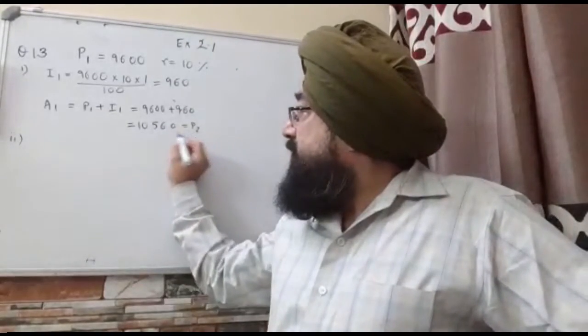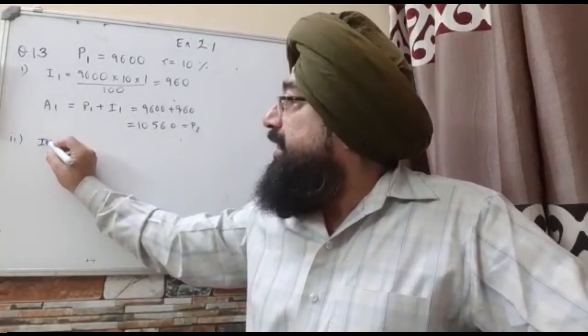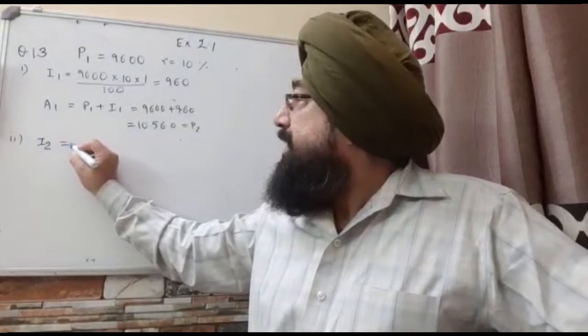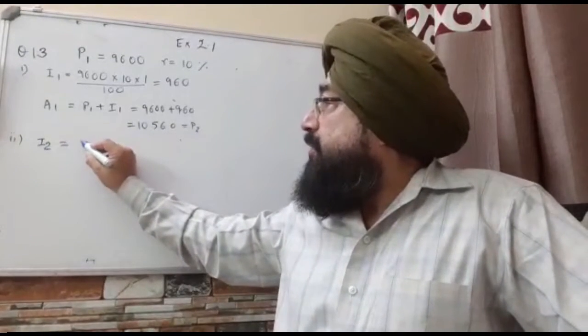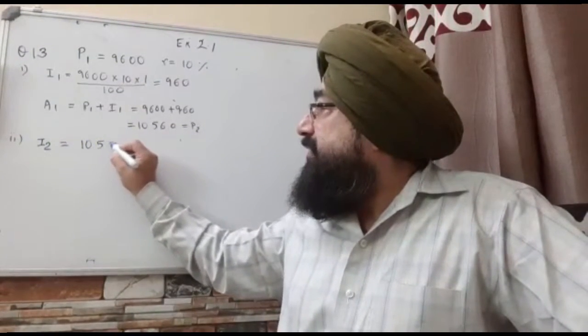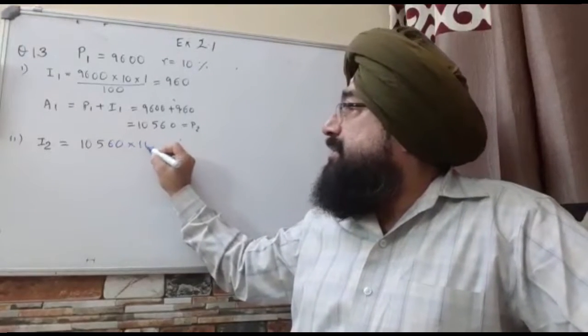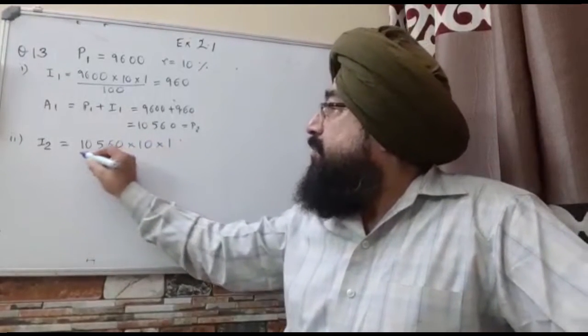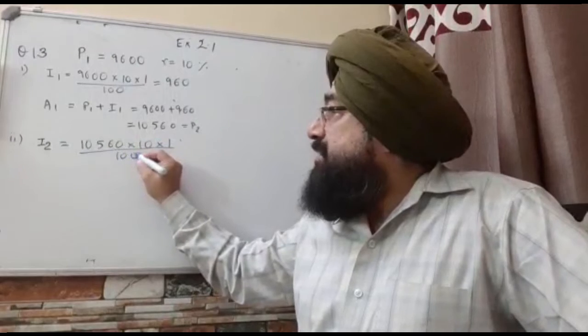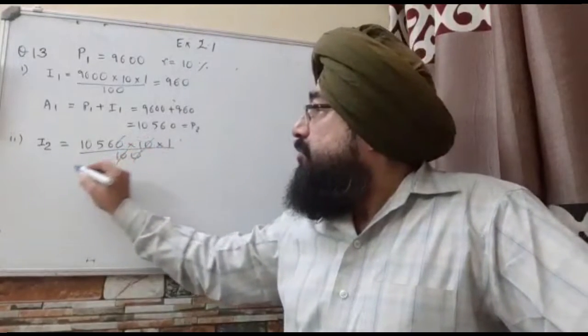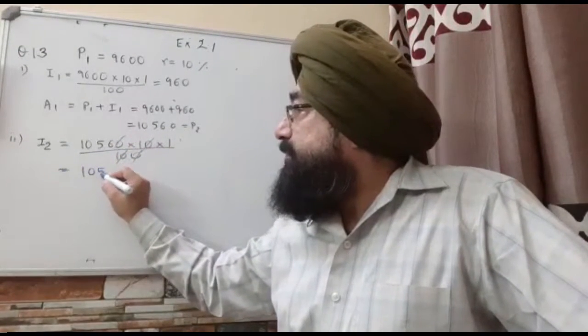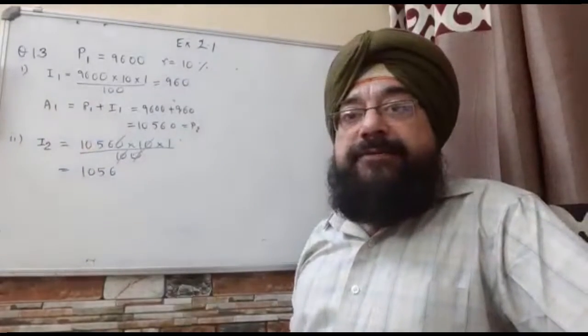And with this principal for the second year, you can now calculate interest for the second year. Whatever is the principal of second year will be written here, 10560 into rate is 10%, into time is 1 upon 100. And you manage to get these zeros cancelled. So you are left with 1056. This is the interest for the second year.